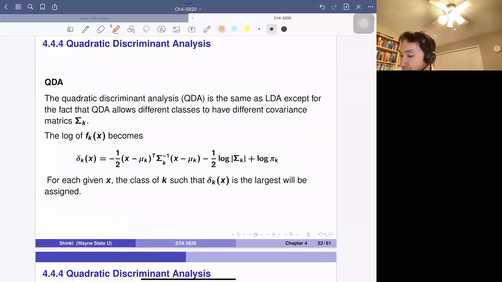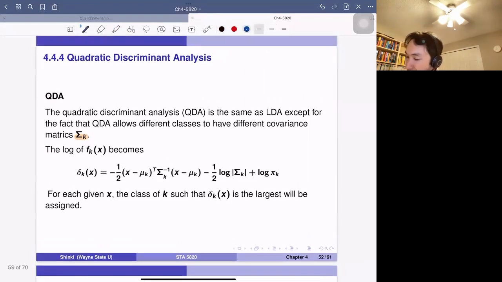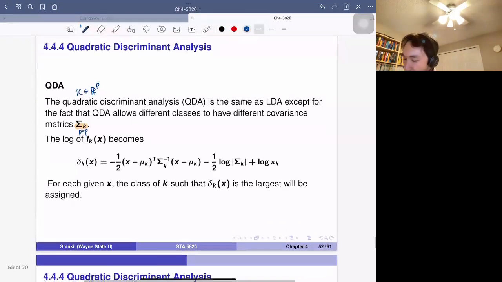Yeah, so now QDA, Quadratic Discriminant Analysis. This is very similar to LDA, but we have fewer assumptions. The only difference is the assumption on sigma k. Sigma k is a matrix, a P by P matrix if X is P-dimensional. And sigma k depends on k.